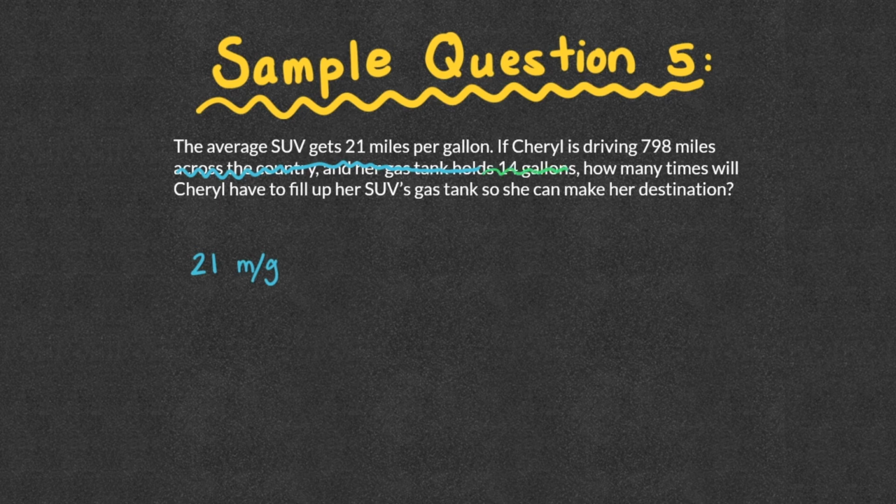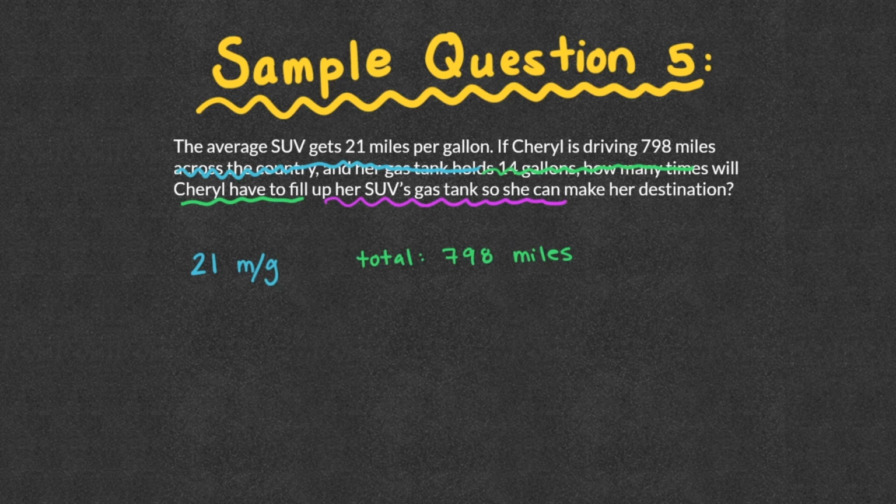If Cheryl is driving 798 miles across the country, I'm going to hold on right there. We know that the total is going to be 798 miles. So I also then need to figure out if her gas tank holds 14 gallons, how many times will Cheryl have to fill up her gas tank?